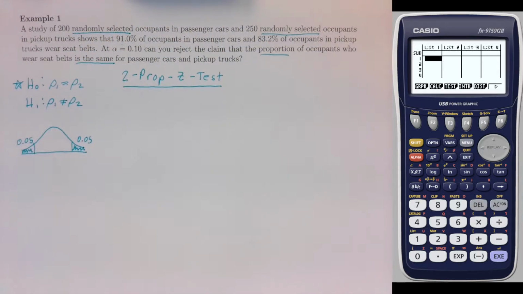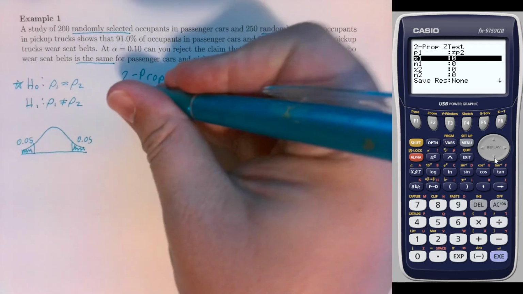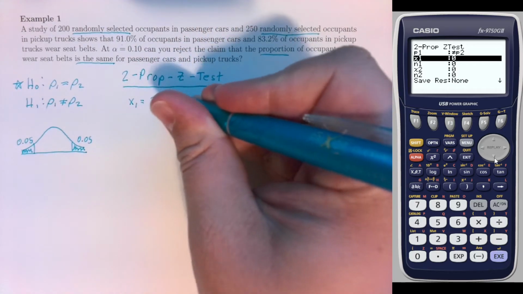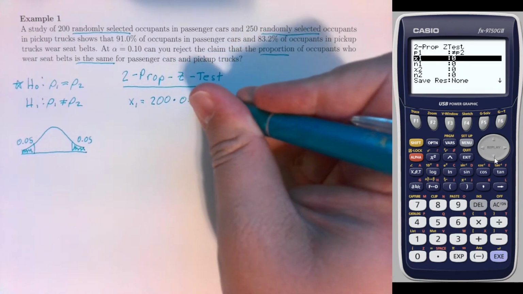Next, to calculate the test statistic, we are going to use the calculator. So on the calculator, I can go to test, z, and 2p for 2 proportion. I need to choose the alternative hypothesis, which is not equal to, so F1. X1 is the number of successes, which would be 200 times 0.91.